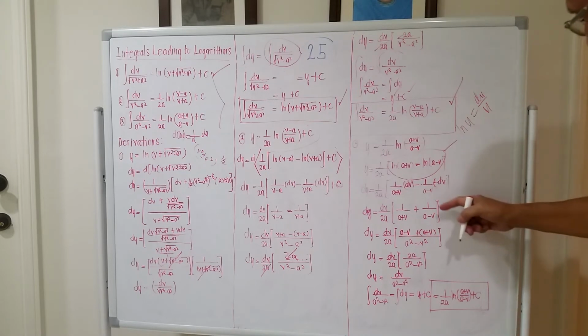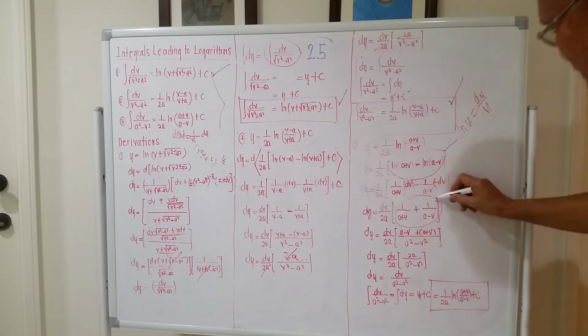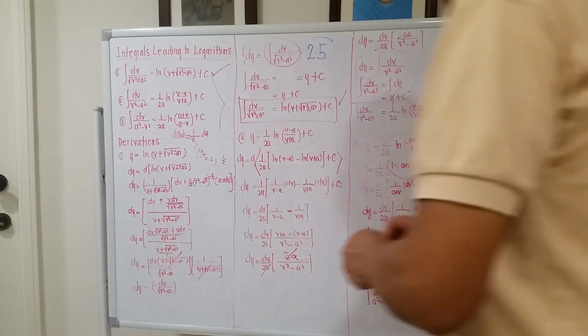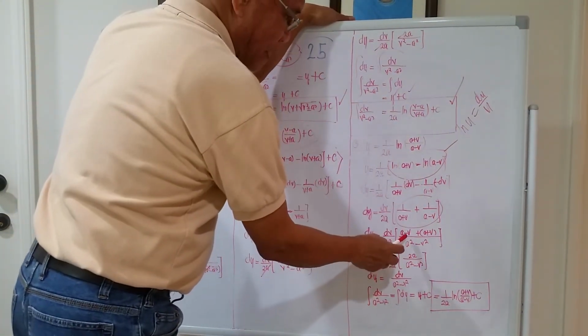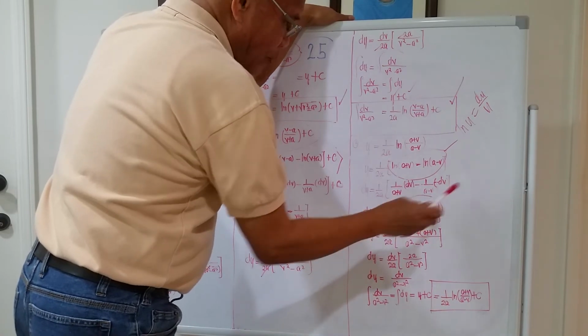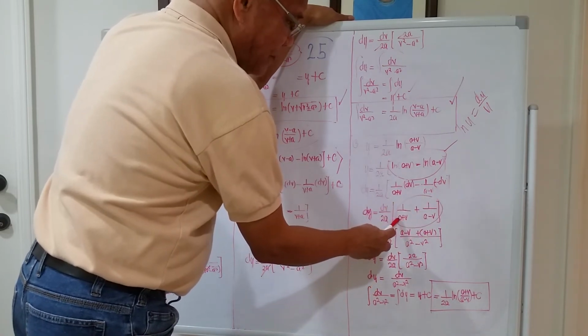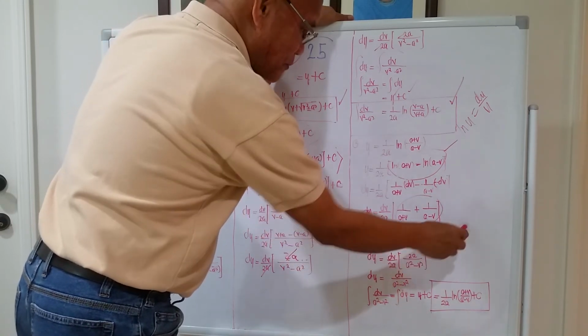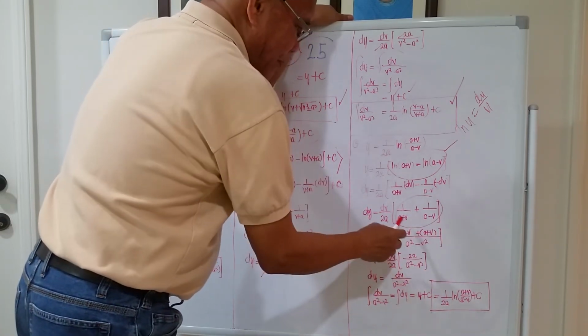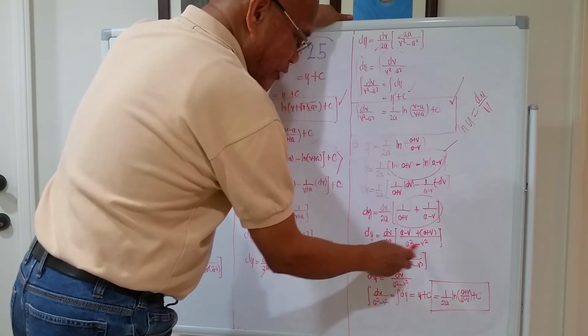And if we try to combine these two fractions here, we will multiply 1 by a minus b, it should be a minus b. And we will multiply 1 by a plus b.